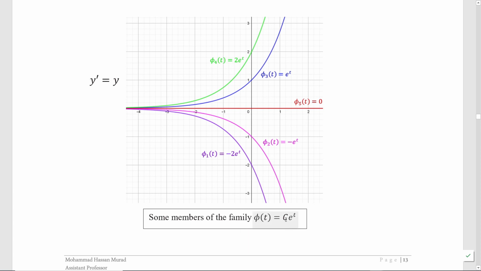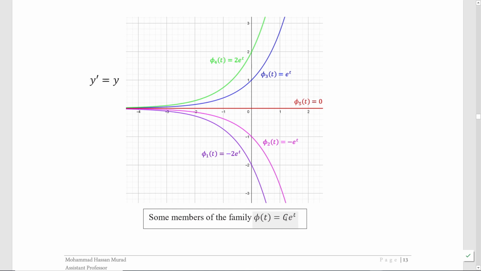So if we set the value of c, for example, negative 2, we obtain this solution. If we set the value of c as negative 1, we get this solution. If we set the value of c equals 0, we get this solution, the red, which is the x-axis.